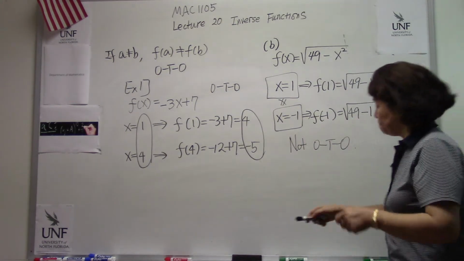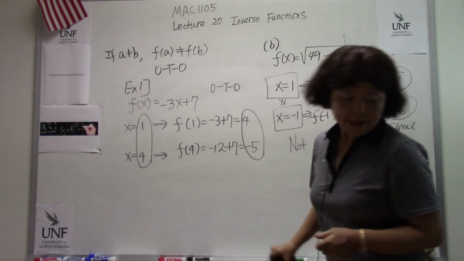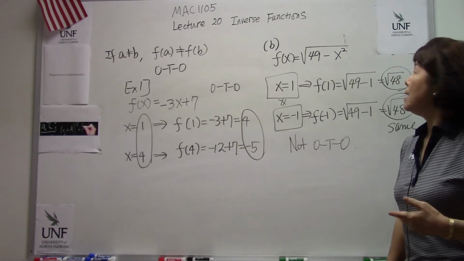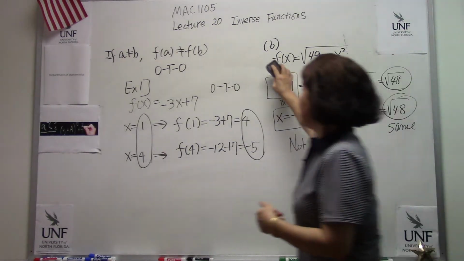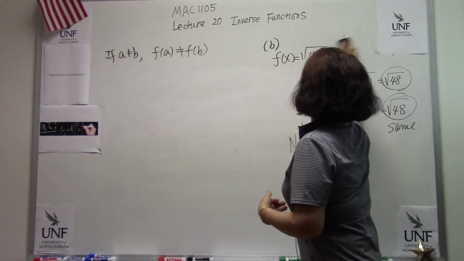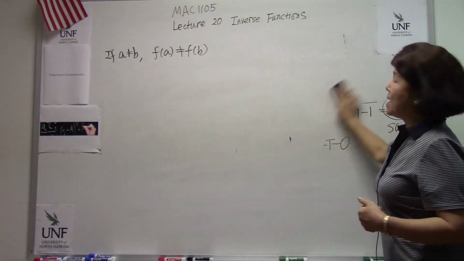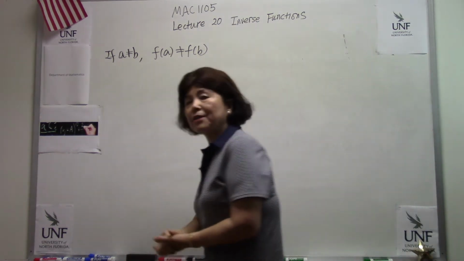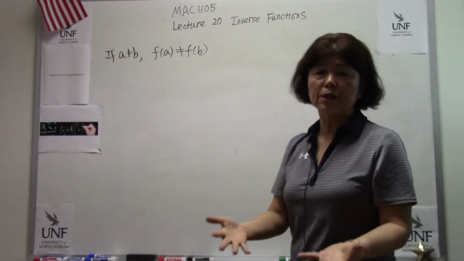All right. Is there any way to look at a graph and tell whether it is one-to-one or not? Yes, there is a way. You remember the vertical line test? The vertical line test was used to determine whether a given graph is the graph of a function or not.